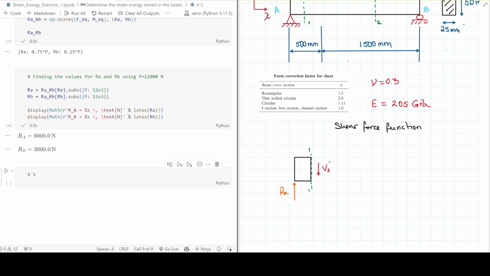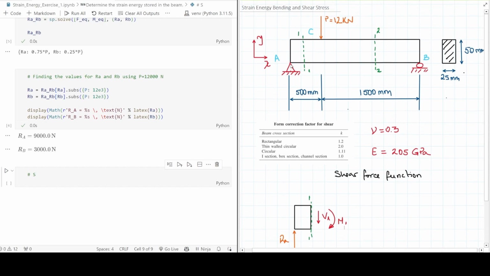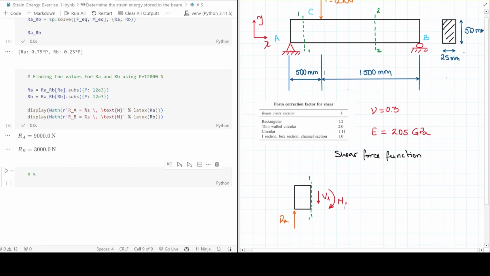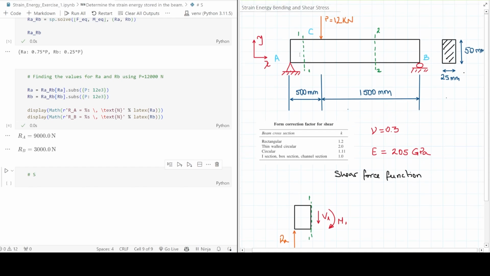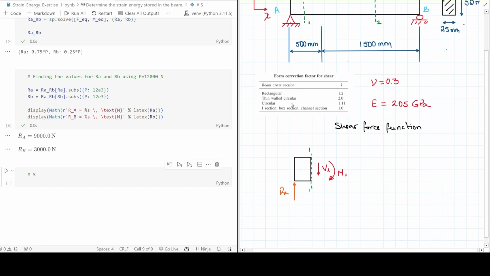And of course, I'm going to have some certain moment here, M1. So basically, all the way from support A up to just before the application of the load P, this is going to be valid, meaning that the only shear force acting on this section is going to be equal to the reaction on A in magnitude.